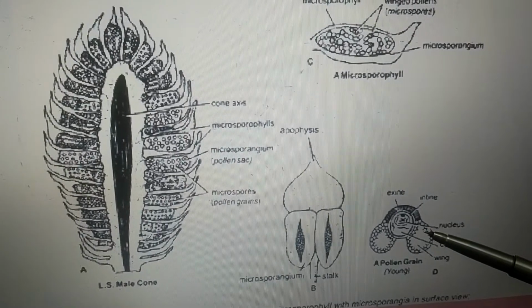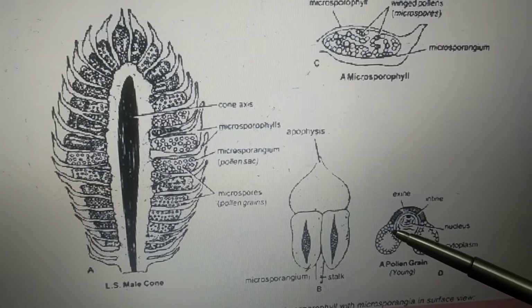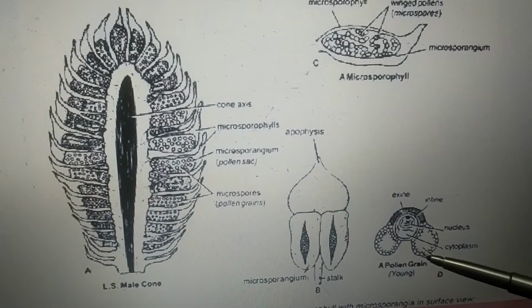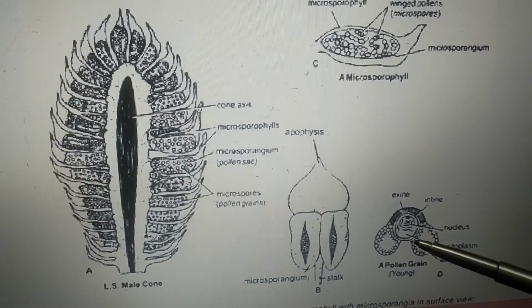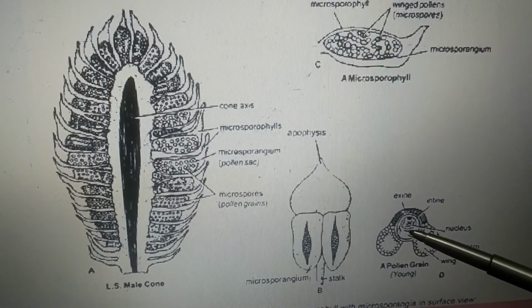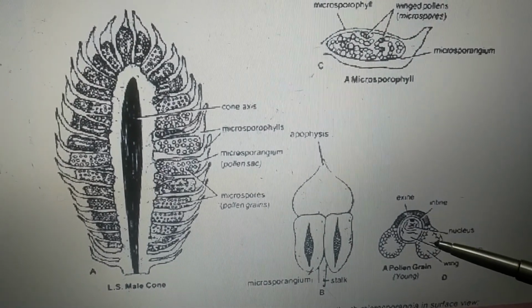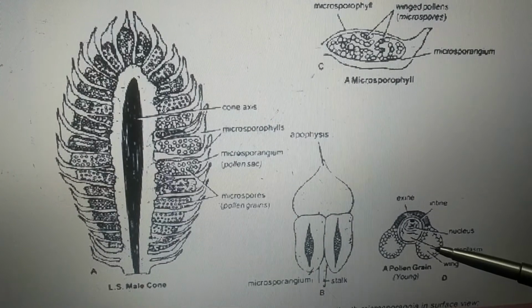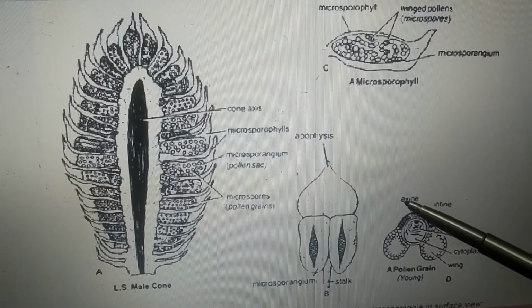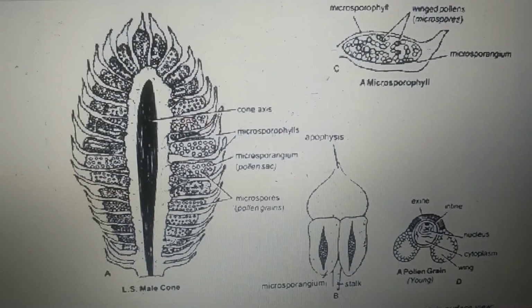When the exine protrudes out, it will form this balloon-like, wing-shaped structure on either side of this microspore. So at the center there is a microspore. On either side we have these wing-shaped structures which are derived from the exine. What is the role of this wing-shaped structure?